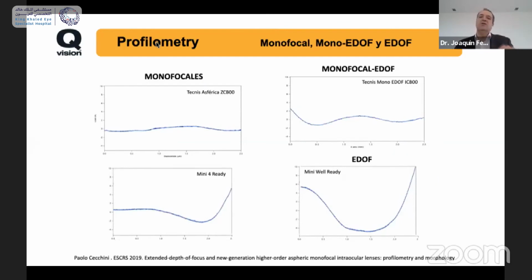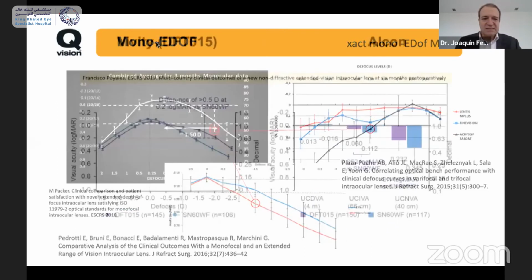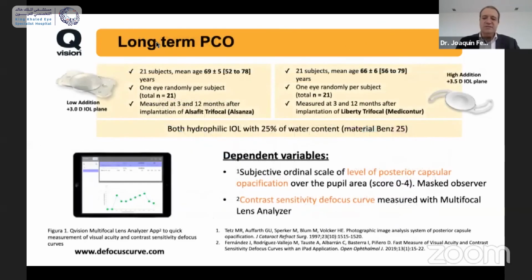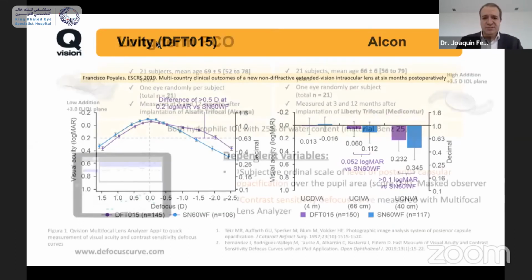When we compare monofocal EDOF with EDOF, the amount of curvature improvement is a little less. And we have different mono EDOF lenses in the literature right now. As you can see here, this is the Santen, this is the Alcon lens. You can improve the intermediate a little, though not as well as EDOF lenses, and we don't have enough information about dysphotopsia.